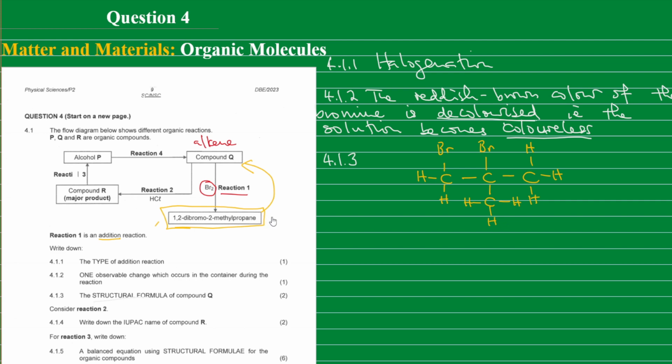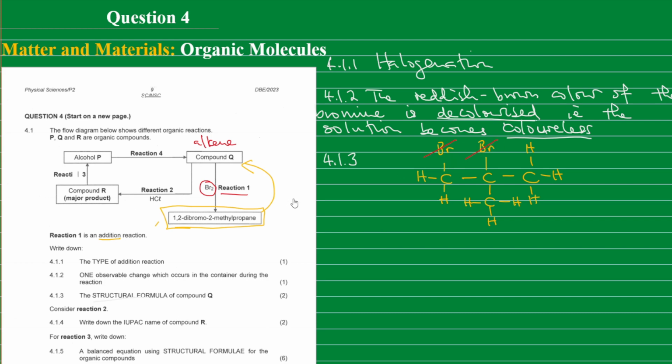Now, before we added the bromo, how did the compound look like? That's what we are trying to find out: what is the structural formula of compound Q? To get it, we can simply cancel out the bromo here.